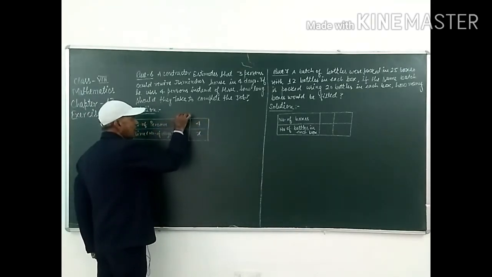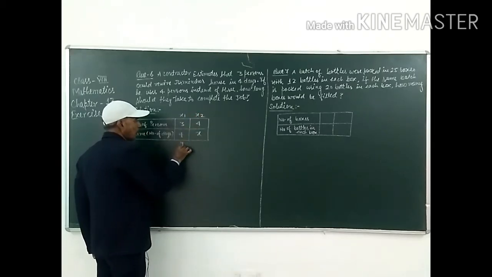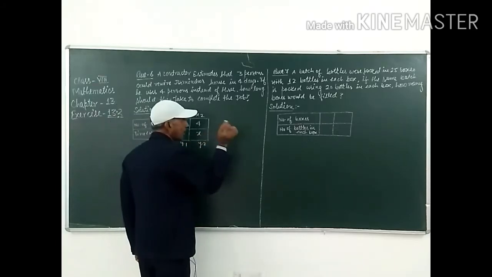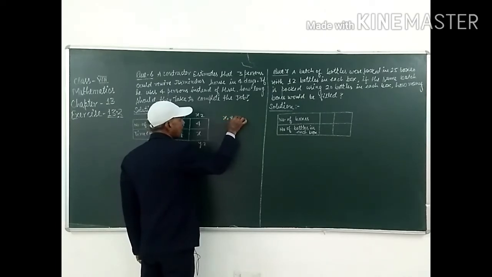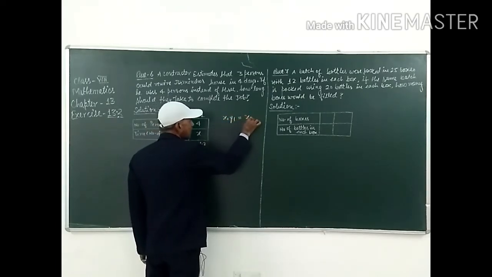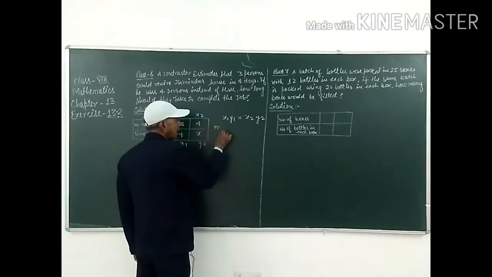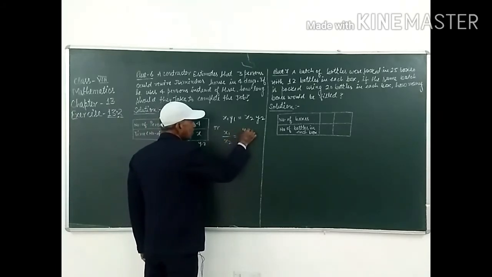Suppose this one x1, this one x2, y1 and this one y2. So, the formula for inverse proportion is x1 y1 is equal to x2 y2, or we can write it like this: x1 upon x2 is equal to y2 upon y1.